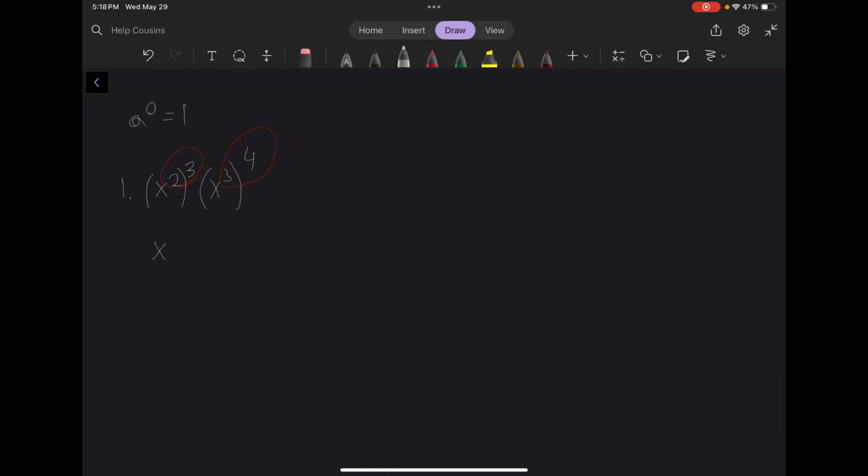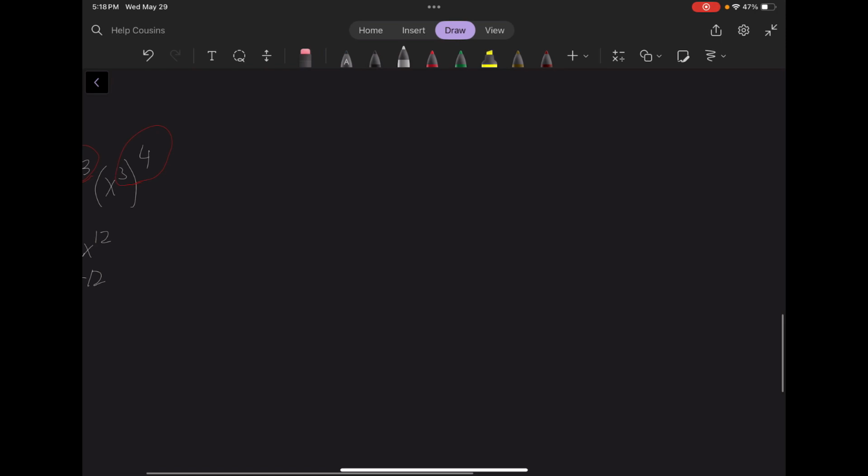So we're going to have x to the power of 6 and x to the power of 12. And then with that, we can use the addition rule, where it's x to the 6 plus 12, which of course is going to be x to the power of 18.